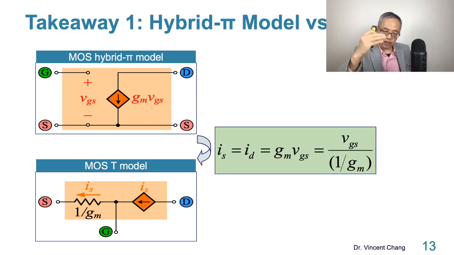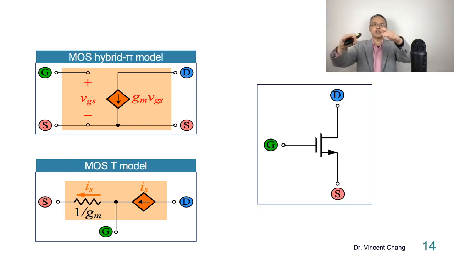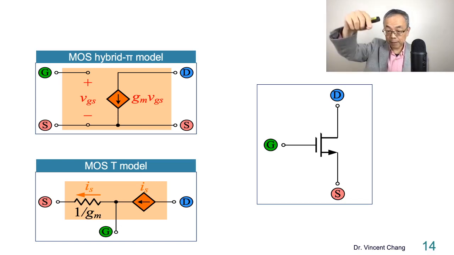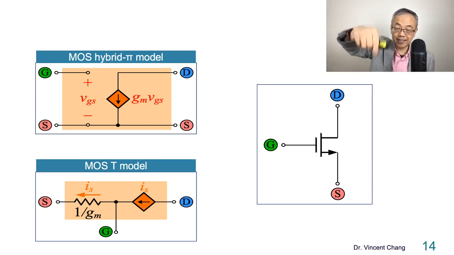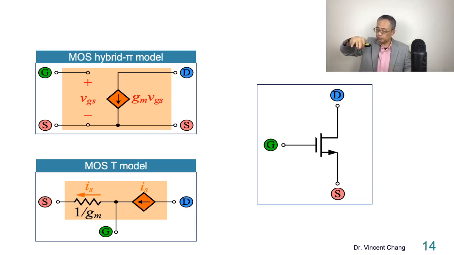Both models are equivalent to each other. Using either model to solve any circuit should give the same outcome. You just have two equivalent pathways. Equivalent means the destination is the same, but the journey, one could be very smooth and the other could be very bumpy.